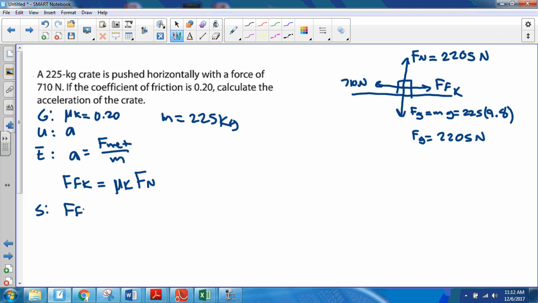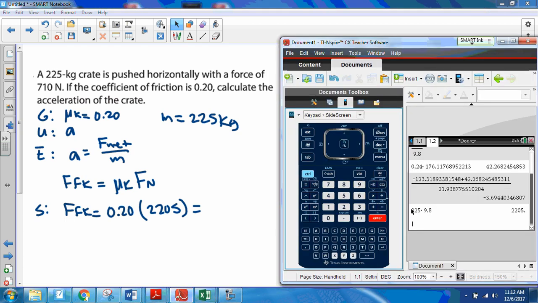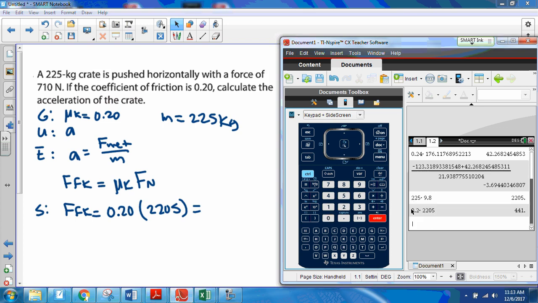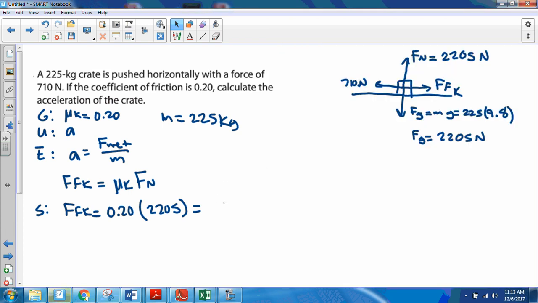So Ffk equals mu k, which was 0.20, times Fn, which was 2205. And what do you get? Good, 441.